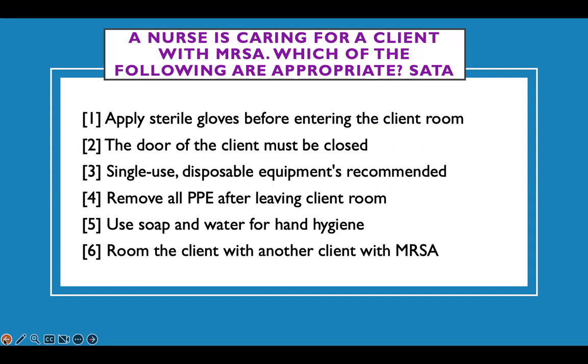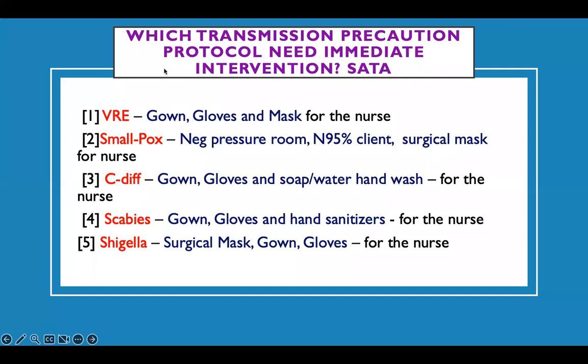VRE, what do you think? If you have a VRE patient, what is that? This is contact, right? You need a gown, you need the gloves. Do you need a mask for the nurse for routine care for this patient? No. If I tell you they're doing any wound care, or other things that will splash in their face, yeah.